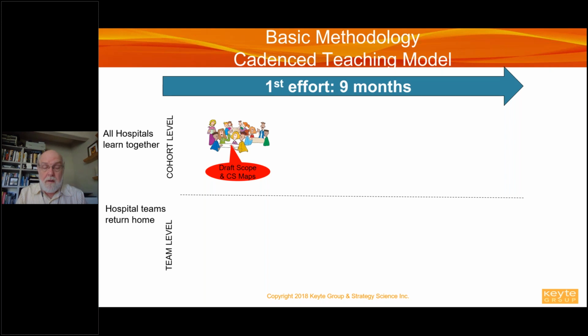So after the day of training, they went home and put the map on the table or on the wall or wherever, and found a way to reach out to as many people as they could in the ER staff to socialize it, saying, this is what we see in the current state. What do you see? So other people weren't being told the way it happened. They were being asked what happens.